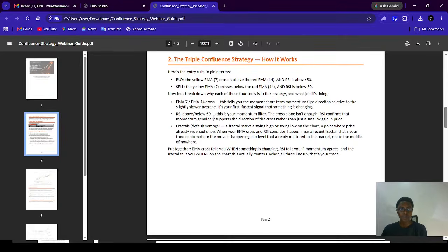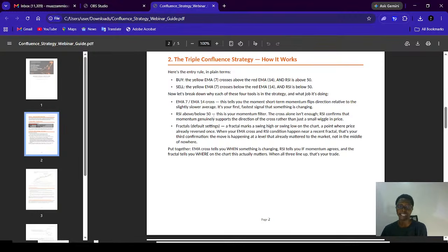I'm just giving a breakdown of each tool, even though I have explained how it works to you. EMA 7 against EMA 14: when EMA 7 crosses above EMA 14, this tells you that the momentum is a short-term momentum, and that it will flip direction relative to the slower average.